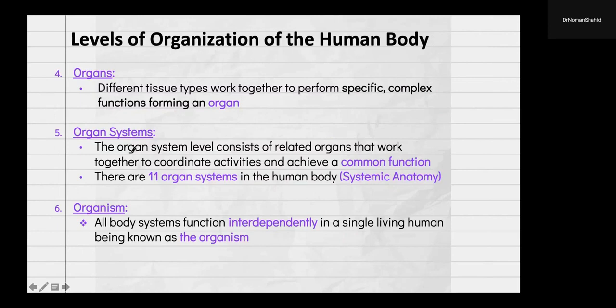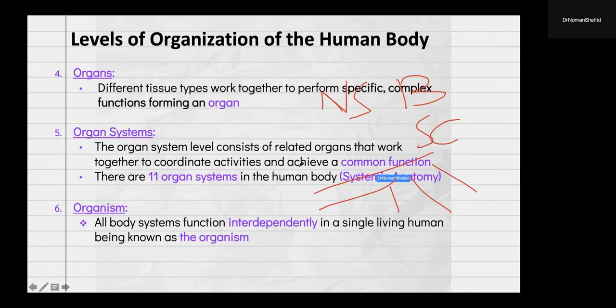So the organs, for example, we are talking about nervous system, where your brain and spinal cord and the nerves as organs work together. For example, the sensory nerve says, okay, I will bring the sensation to spinal cord and to brain.